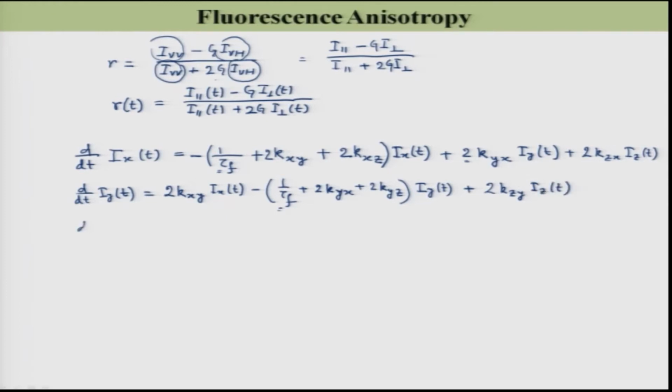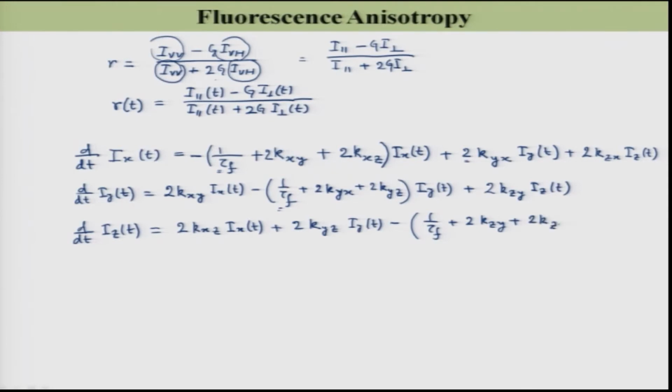And I can write the third one, d dt of I z t, as 2 k x z I x t plus 2 k y z I y t minus 1 over tau f, plus 2 k z x I z t.